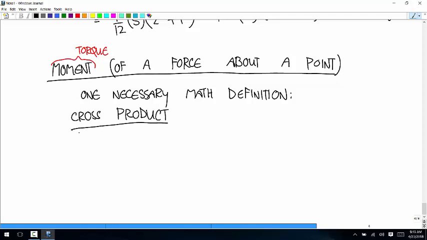So we've already seen one way to multiply two vectors together. That's the dot product. And when you take two vectors and calculate the dot product between them, the output is a scalar. It's a number, right? The cross product, you multiply two vectors together and you get a vector out. So sometimes people call it the vector product because the output is a vector.